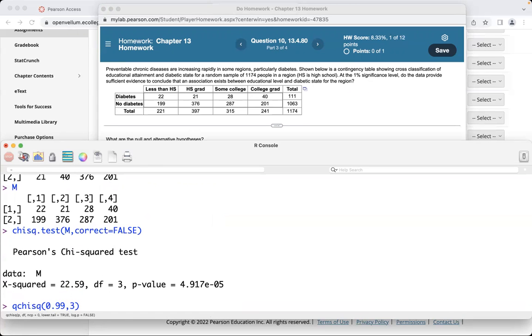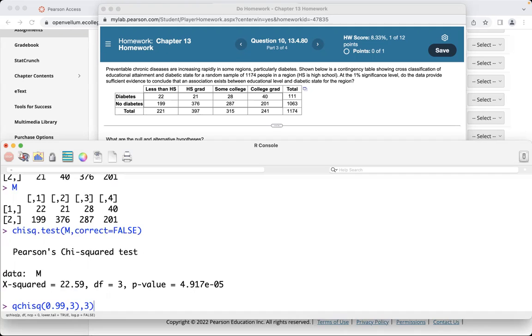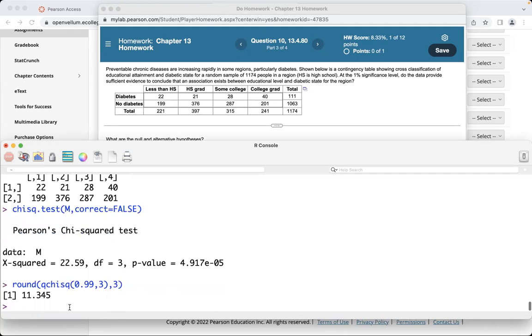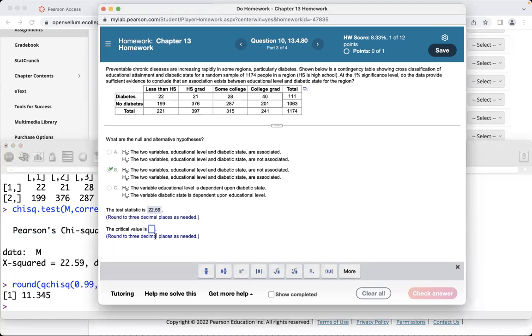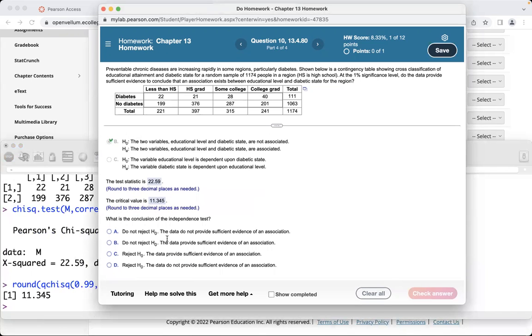And then we want to round to 3 decimal places. That's going to give us 11.345, and that's our critical value. It turns out that our test statistic is greater, so we reject because we have sufficient evidence.